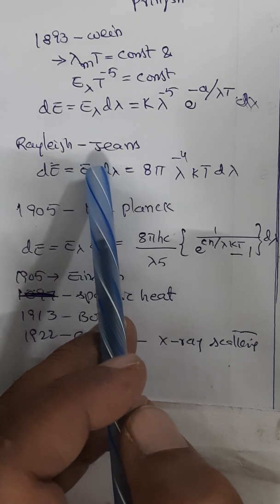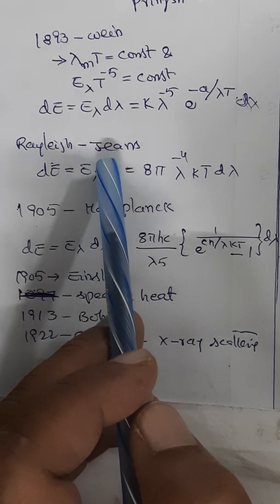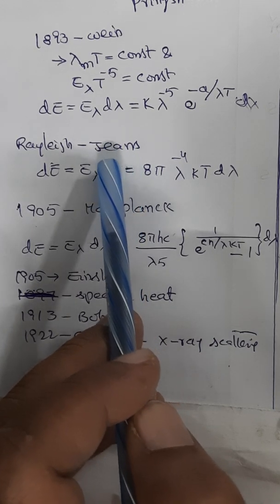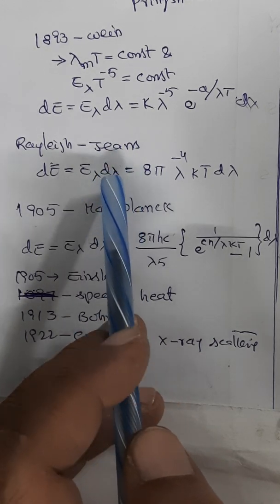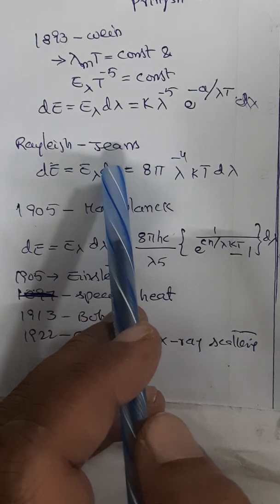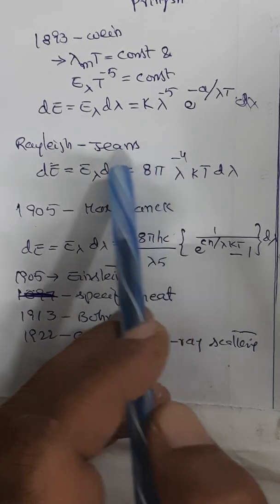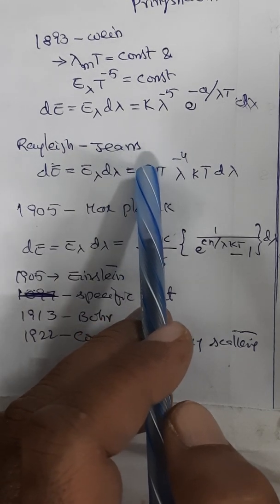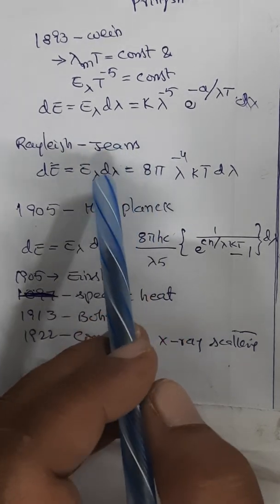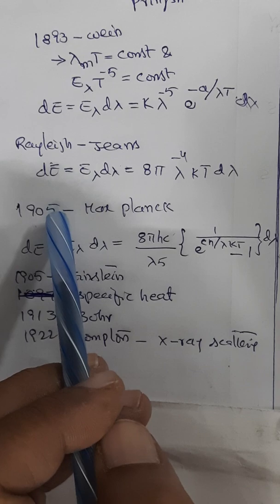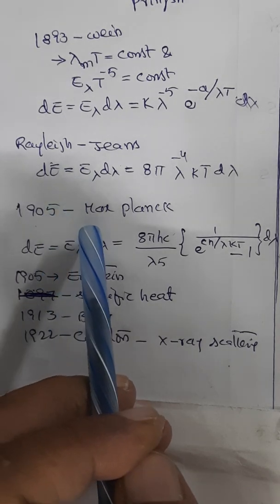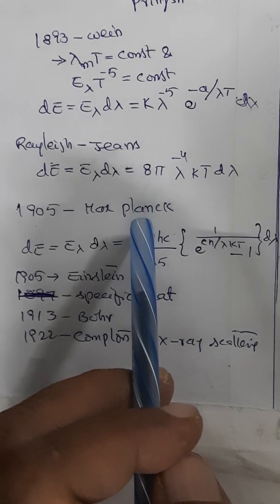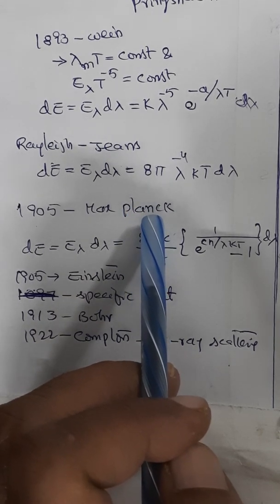So these laws are derived on the basis of classical mechanics. The failure of these laws to explain the entire range of spectrum suggests that classical mechanics cannot apply to energy associated with wavelengths. Then in that situation, in the year 1900, another great personality called Max Planck, a German physicist, enunciated a quantum theory of radiation.